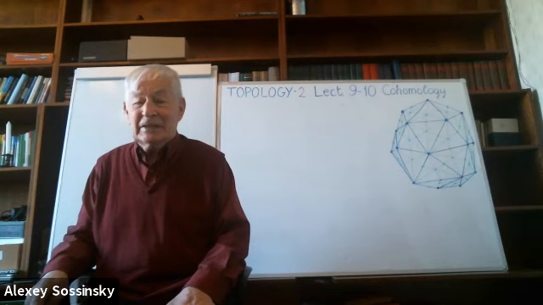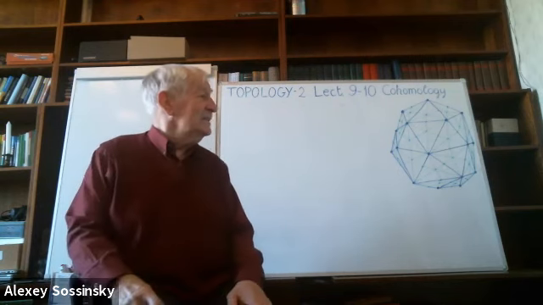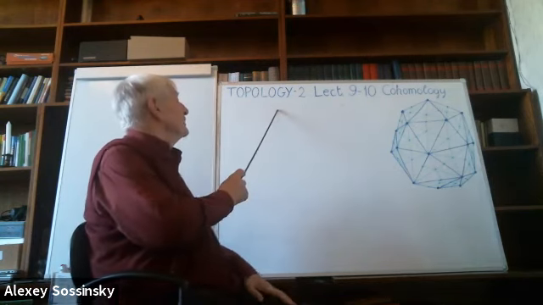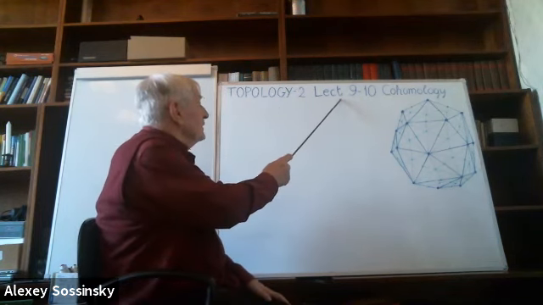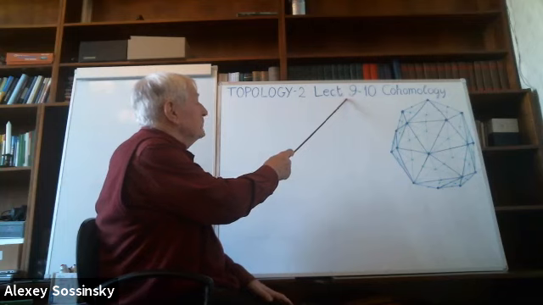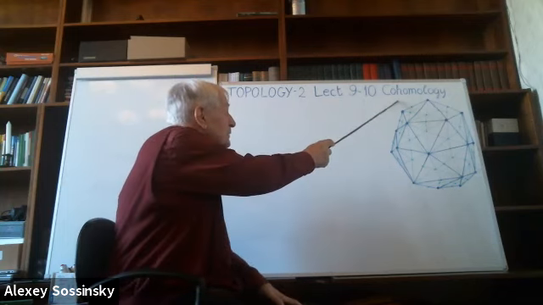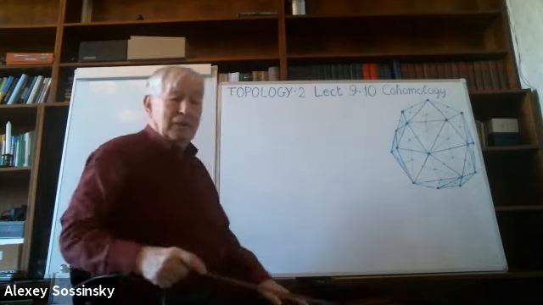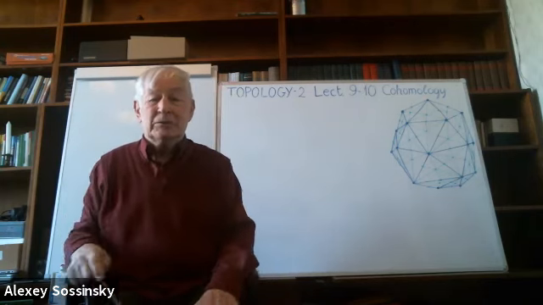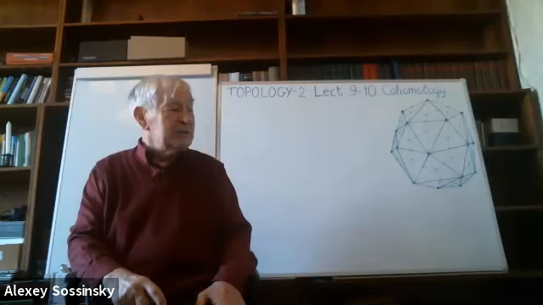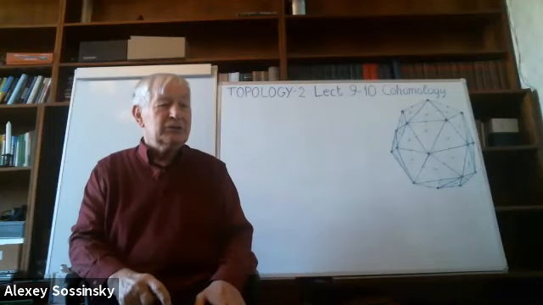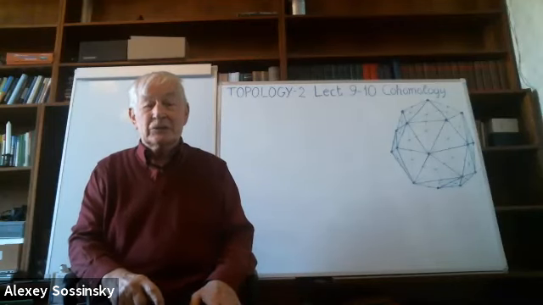So I'm starting over again. This is the Topology 2 lecture in the Math in Moscow program. The lecture is a combination of lectures 9 and 10 from the booklet. And the whole thing is called cohomology. So what is cohomology? Cohomology is a theory which is dual to homology in the sense of linear algebra.